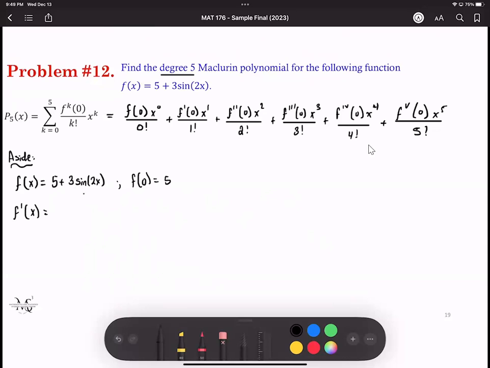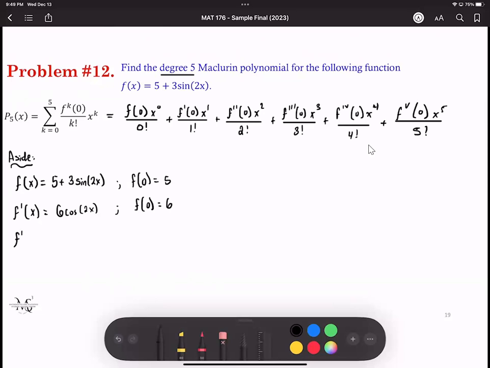The derivative of 3 sine 2x would be 6 cosine of 2x. So I needed to apply the chain rule for derivatives. And if I evaluate this at 0, just remember, cosine of 0 is going to be 1. So 6 times 1 is 6.